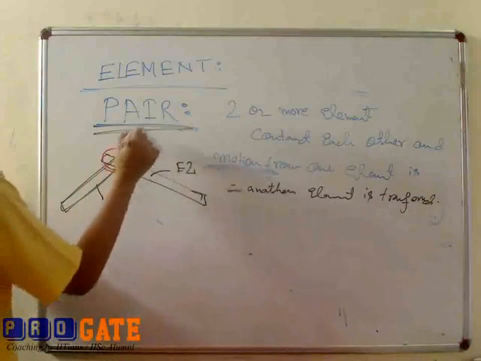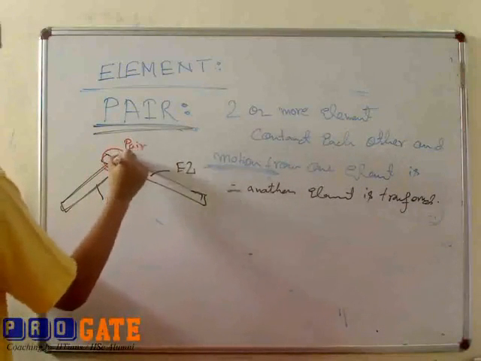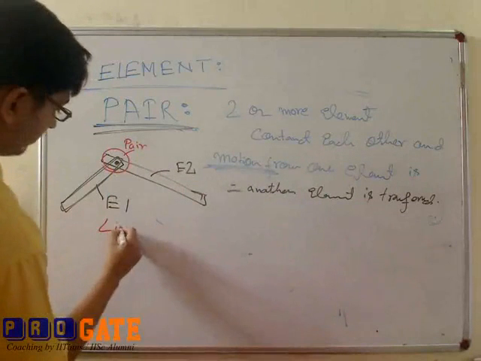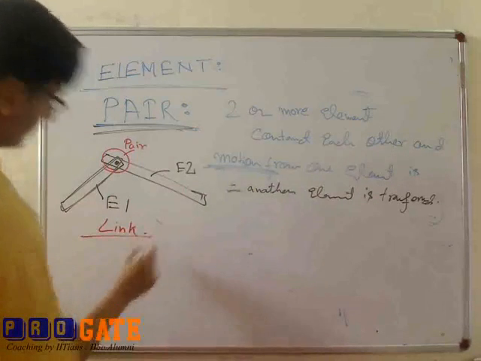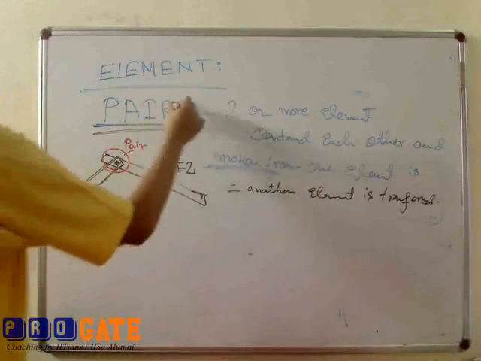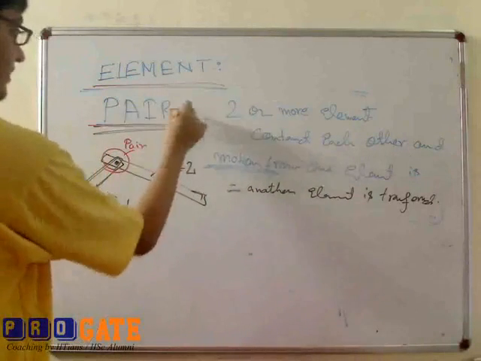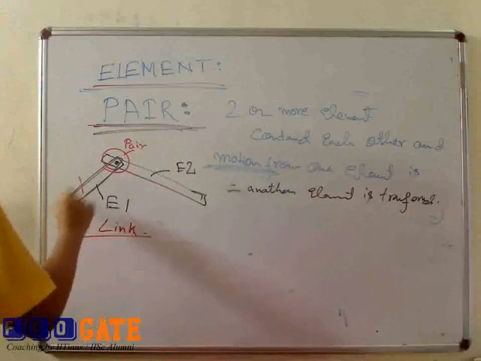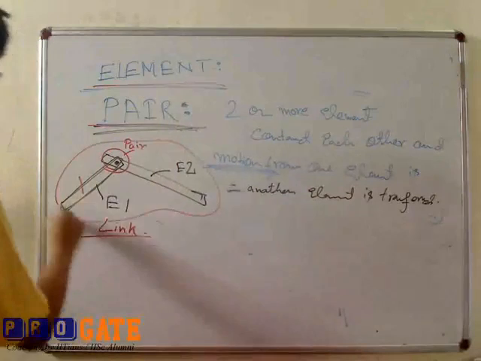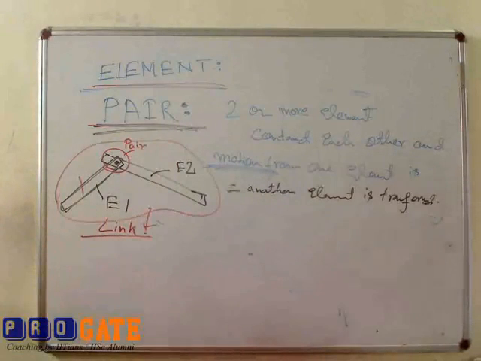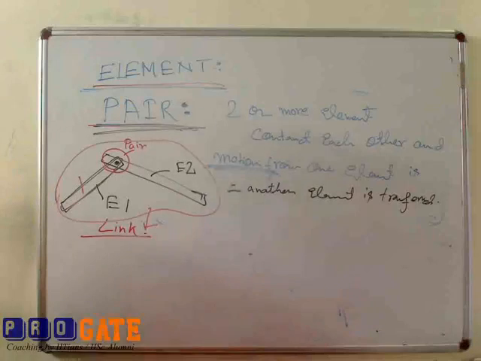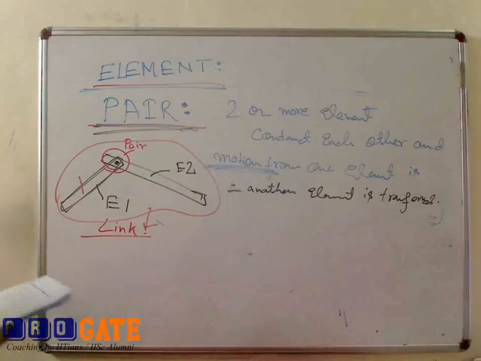Later we will discuss the pair in great detail. Now link. When two meshing elements are joined through a pair, then this whole system is known as a link.